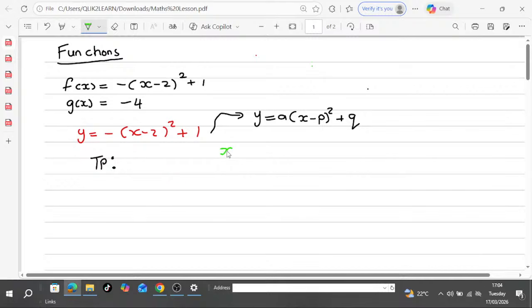We solve for x, so the positive 2. This is the x coordinate of the turning point. Remember, the turning point TP is in the form (p, q). Now we have the value of p, which is 2, and we substitute q with its sign, so this will be positive 1. This is my turning point.